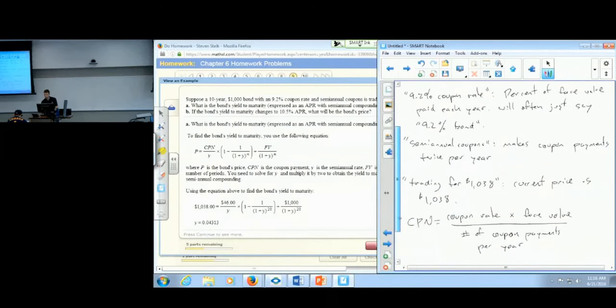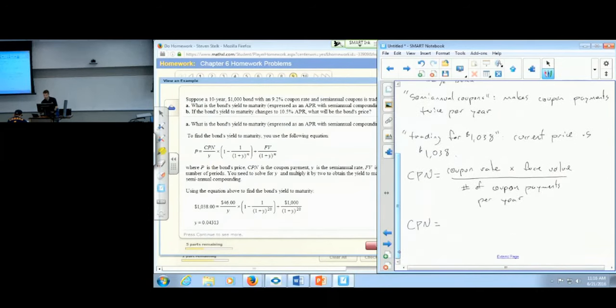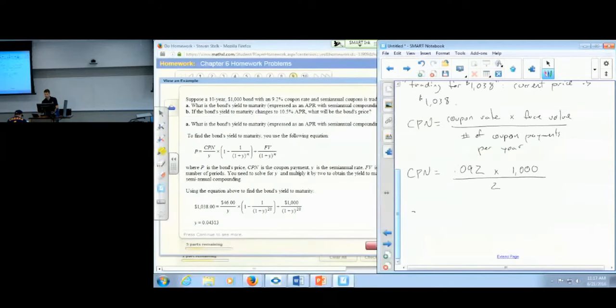So for this bond, it's a 9.2% coupon rate with a $1,000 face value. We take 0.092, that's 9.2% expressed as a decimal, times the face value of 1,000, and then divide that by 2. So that's 92 divided by 2, so 46 even, right?